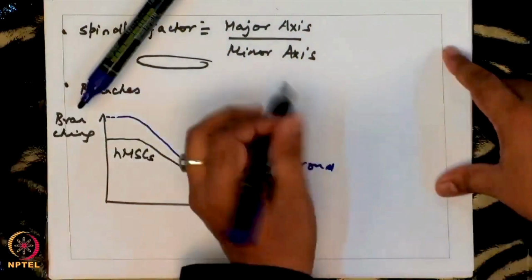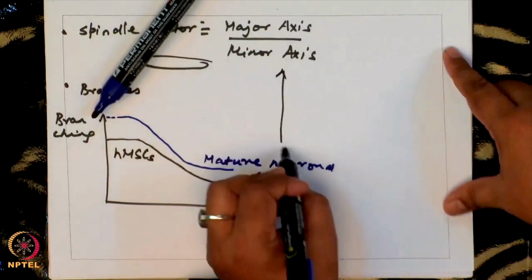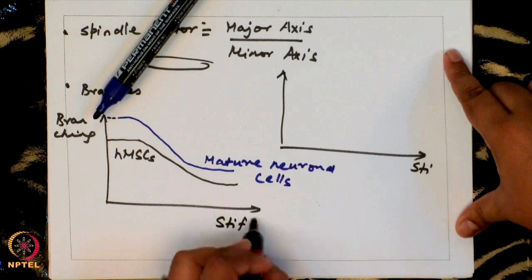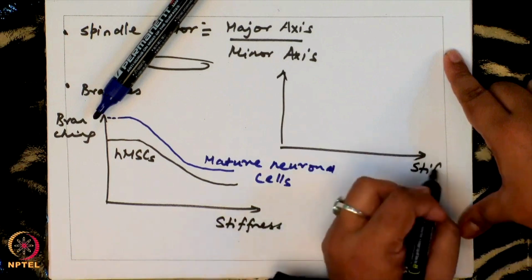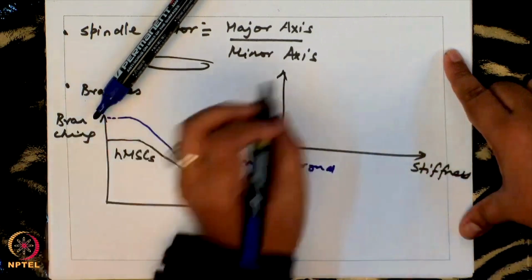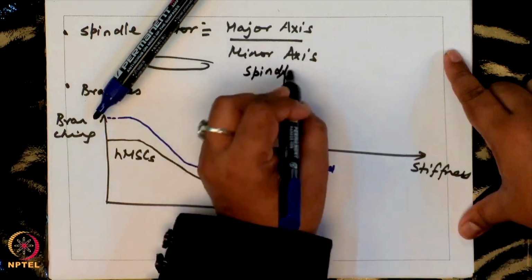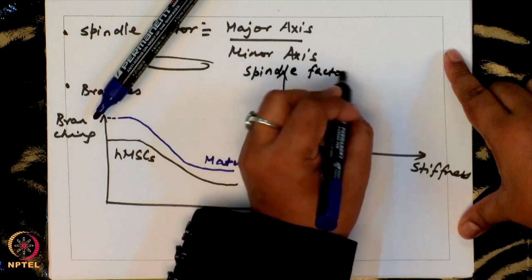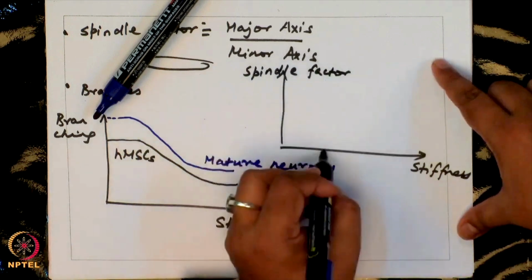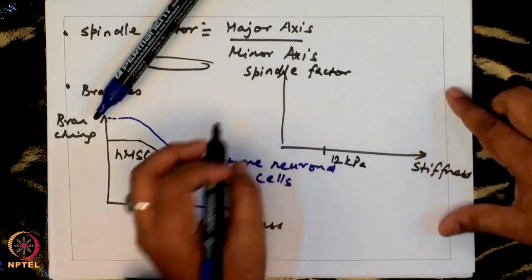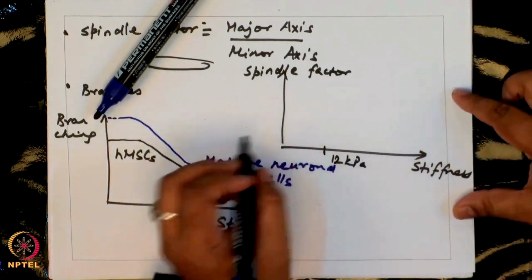Not only that, if you plotted the spindle factor, okay, this is your stiffness axis, and this is your spindle factor. Okay. So, this is your 12 kPa which roughly correlates with the stiffness of muscle tissue. Okay.